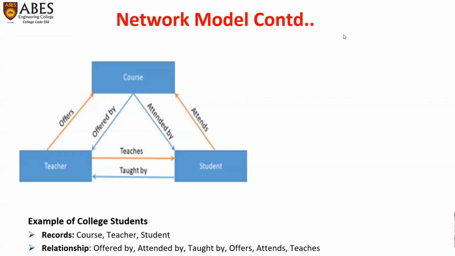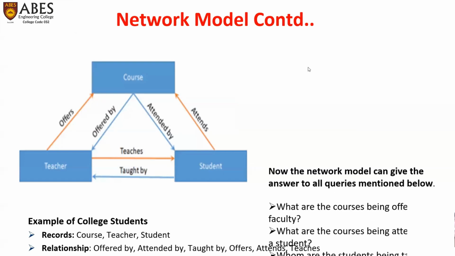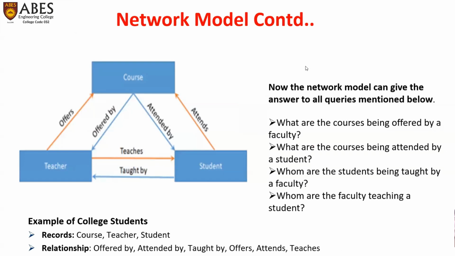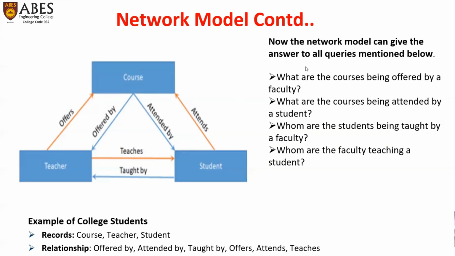So in this figure, we can answer a few questions like: what are the courses being offered by a faculty? You can easily answer this question. What are the courses being attended by a student? Because we have a relationship, that's why we can answer these questions.